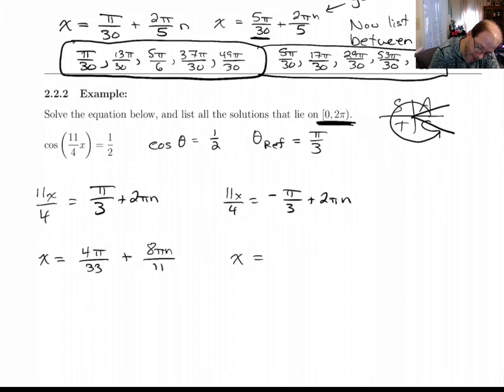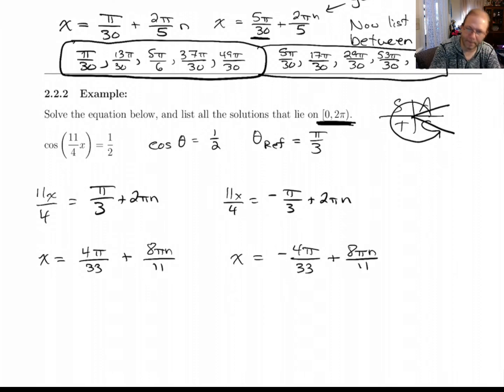And over here, x is equal to negative 4 pi over 33 plus 8 pi n over 11. All right, and so we're pretty much done with the actual work part of this. The rest of it we'll do on the calculator.